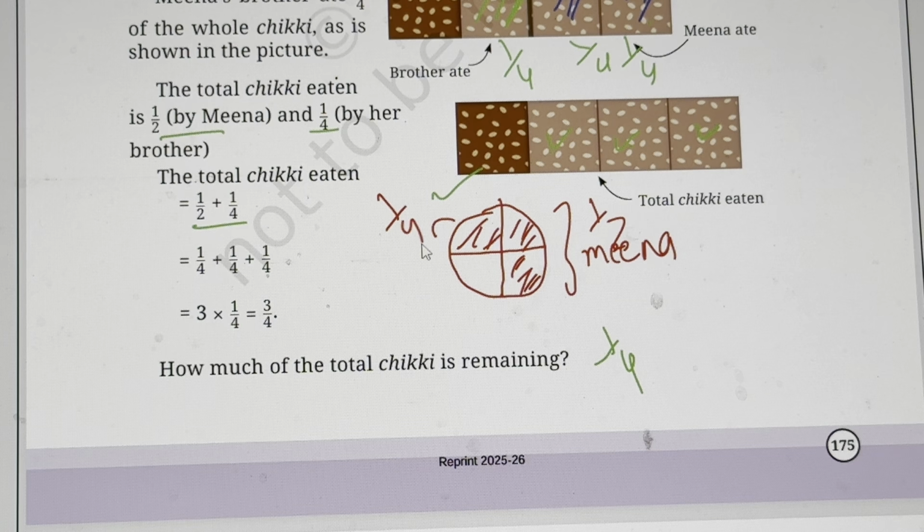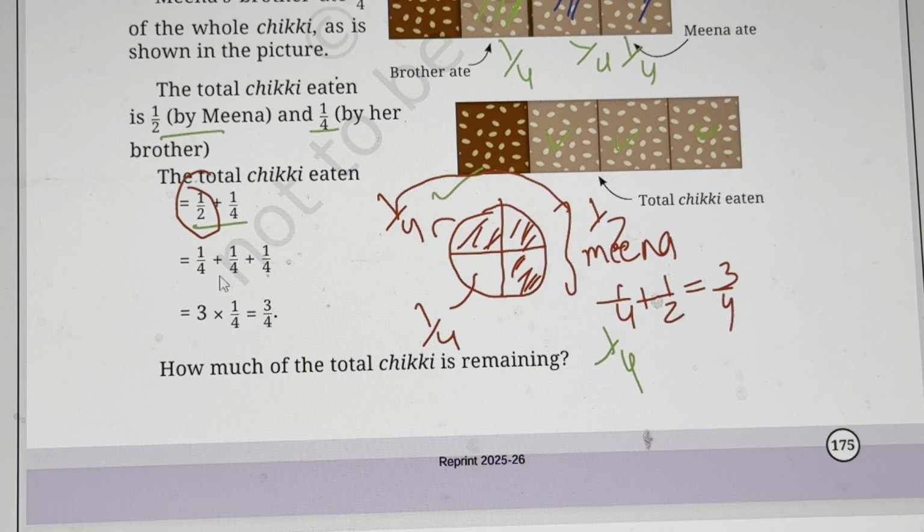Right? That is 1/4. So you can see 3/4 is being eaten and what is left is again 1/4. Right? So together half plus 1/4 becomes 3/4. Though it is explained in half, half is already divided into 1/4 plus 1/4. But if you remember such small facts, it will be easier.